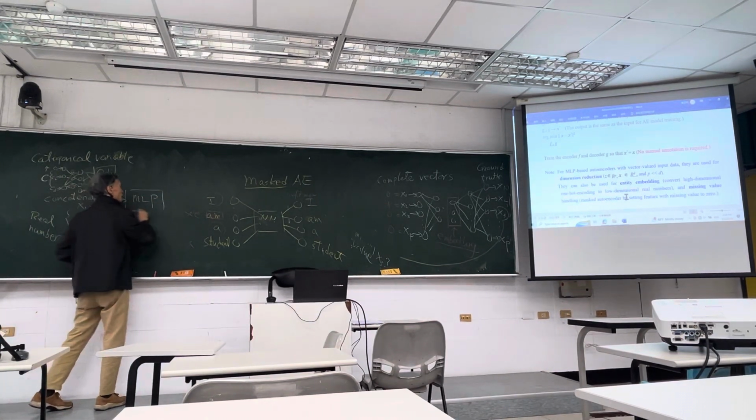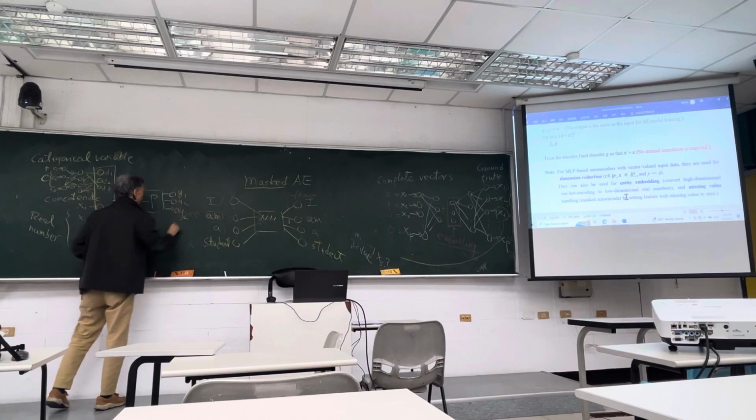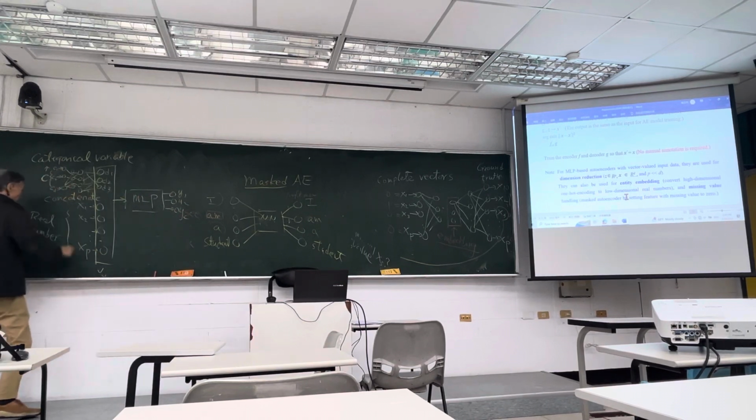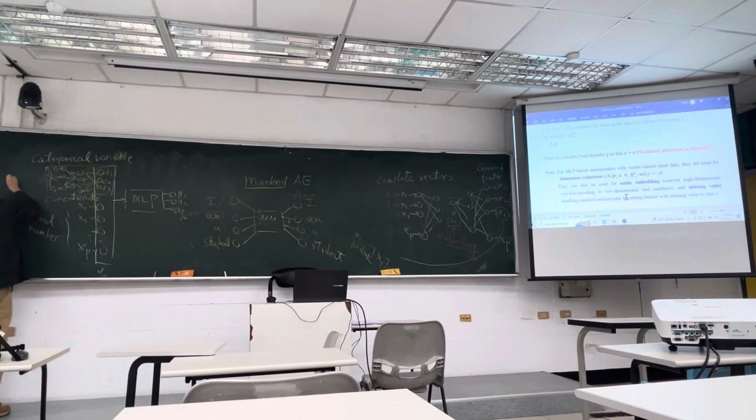And we can run the output class to be Y1, Y2, and YC. So you can think of this as a sub MLP. This function is used for entity embedding. Everyone follow me?